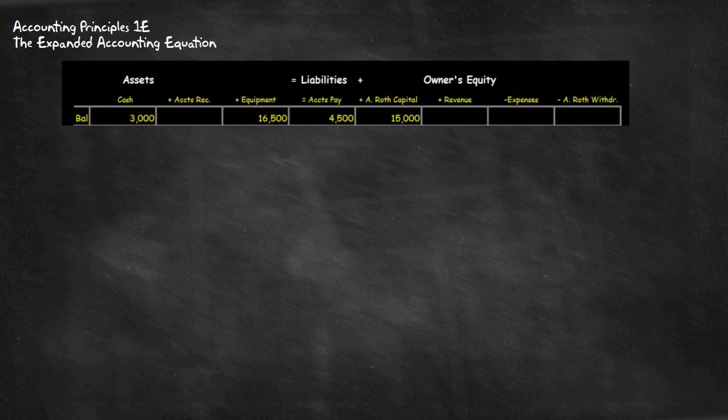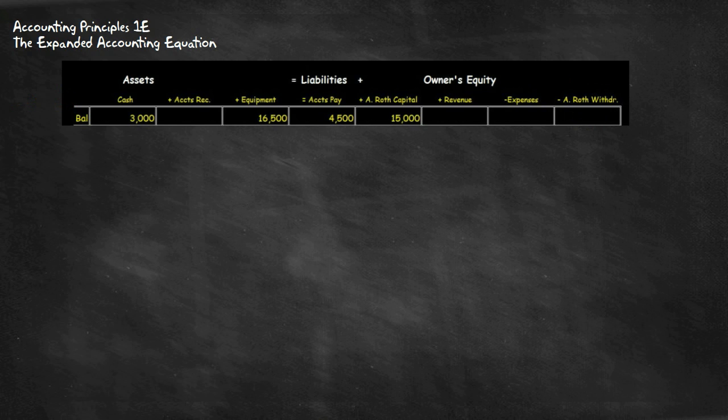I will add in the four new titles of accounts receivable, which again accounts for cash owed to the company from customers, revenue, expenses, and withdrawals. Notice how the equation calculates to make the accounting equation balance, where asset accounts are added together to get total assets. Then add liabilities to capital, add revenue, subtract expenses, and subtract withdrawals to get total liabilities and owner's equity.